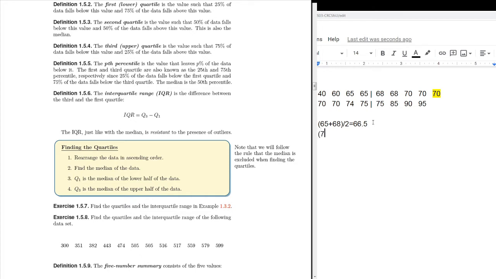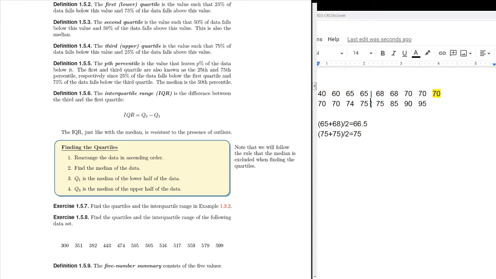So the third quartile is going to be 75 plus 75 divided by 2, which is 75. So the first quartile is 66.5, and so this is the value that sits between 65 and 68, and it will separate the lower 25% of data from the upper 75% of data.